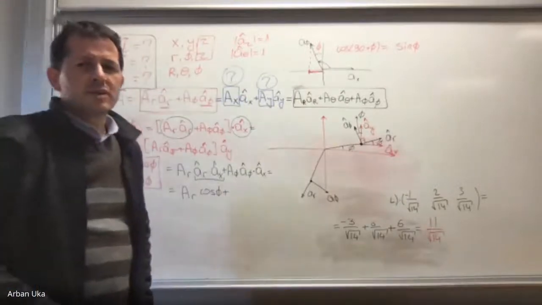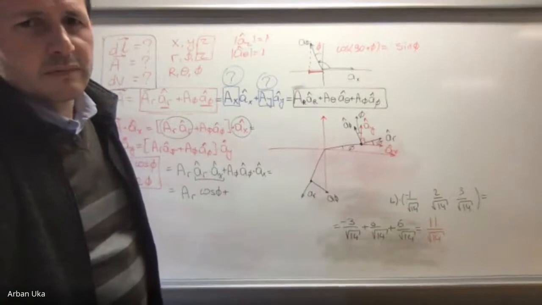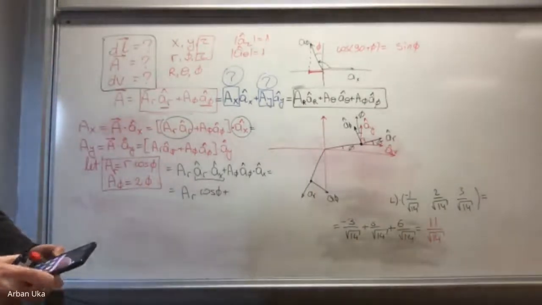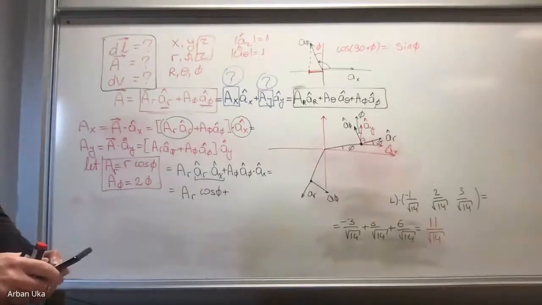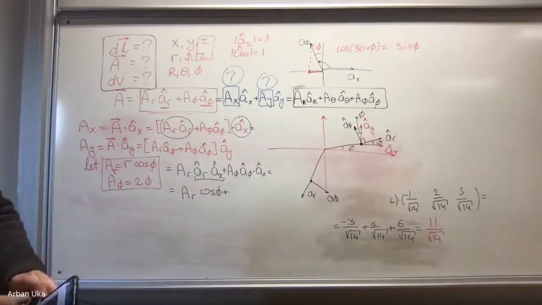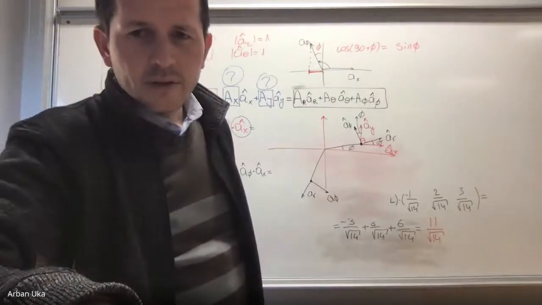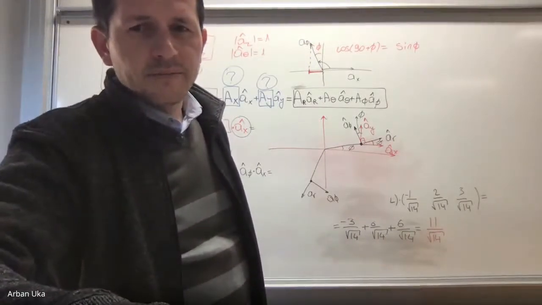But do we have any positive or plus or minus sign? Any idea? So how can we relate the cosine 90 plus phi with phi?